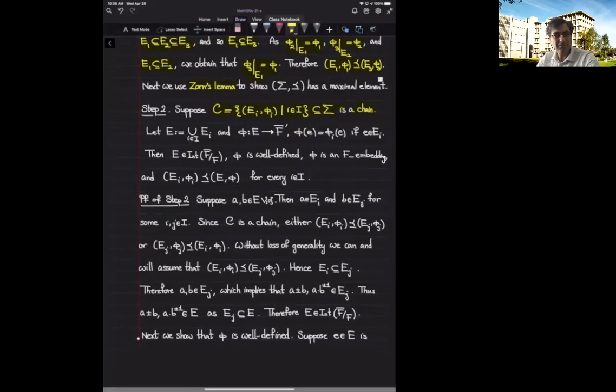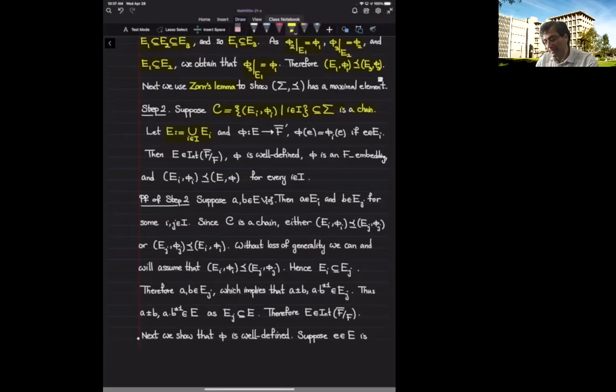Again, we are in the realm of this general philosophy that a union of chain of algebraic objects should satisfy the same algebraic property. So union of chain of subfields is a subfield. So that would be our candidate for our subfield, union of E sub i's.